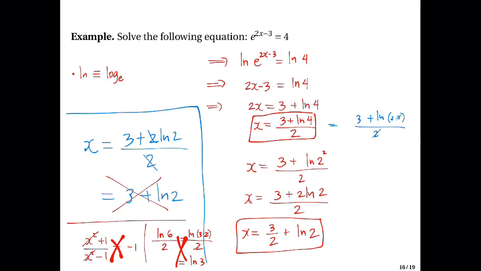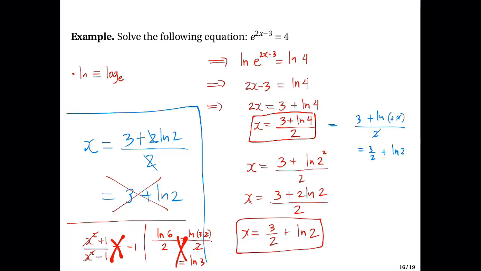They will cancel the 2 here, and they will write 3 over 2 plus ln of 2. They are correct in a sense. The 2 was only canceled on this part, so that 2 must remain with the 3 there. And take note, you got the correct answer for a wrong solution. So even though you have the correct answer, you will still get deduction because you applied something that is not valid.